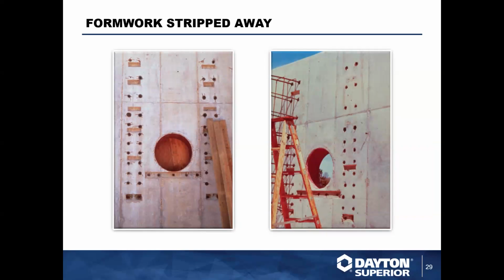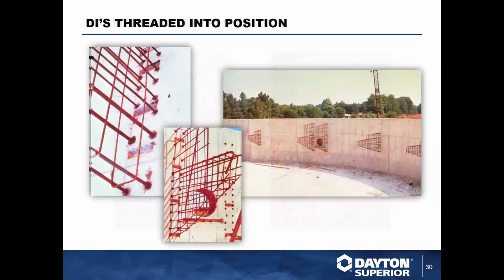And when you apply it to your formwork and strip your formwork, you then have your pattern from your rebar, and you make your attachment with your dowel ends into it. You can see you can do a wide array of different attachments with it. This is a clarifier in a wastewater treatment plant.